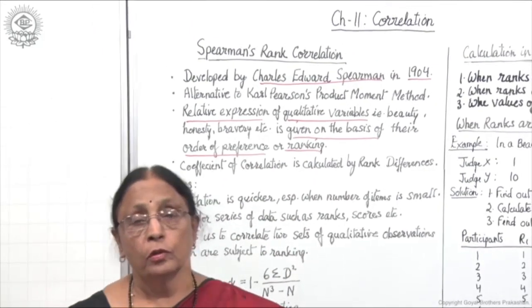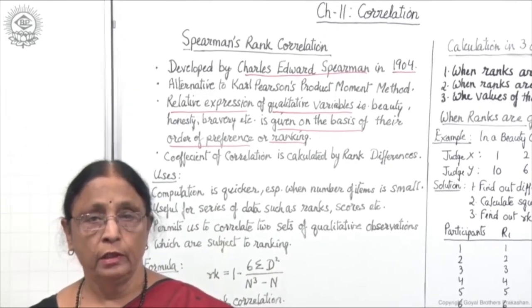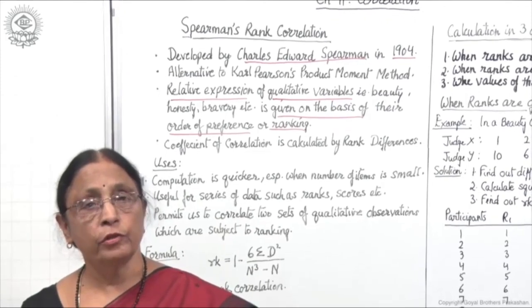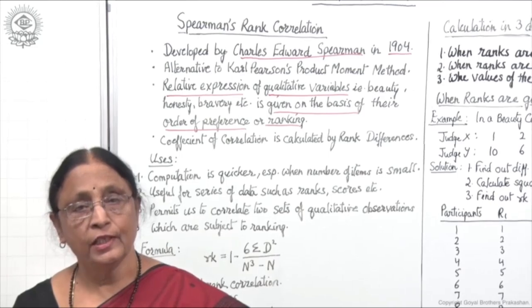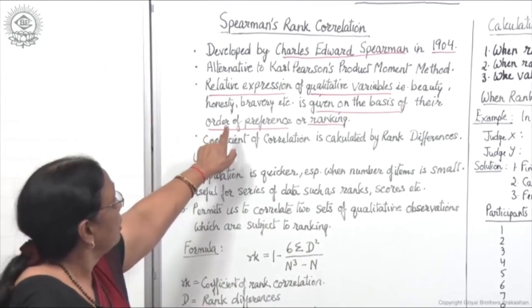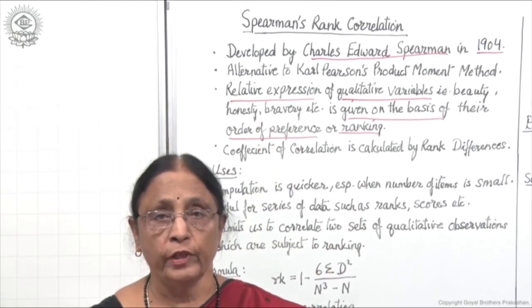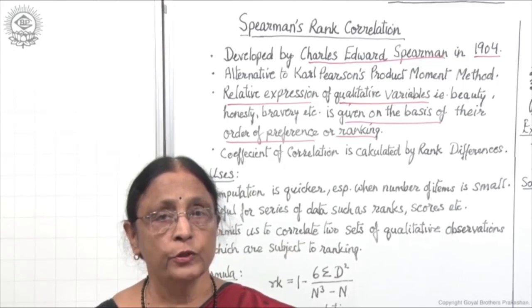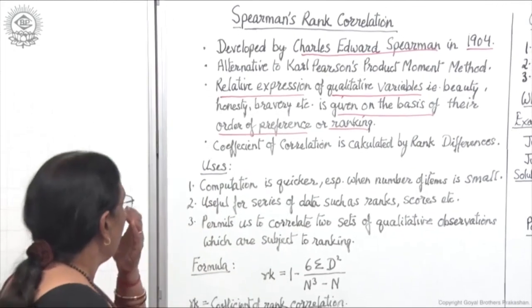So such variables which cannot be measured quantitatively are measured on the basis of ranking, right? So on the basis of ranking we give the measurement, or we find out the correlation between the two types of variables with the help of Spearman's rank correlation, right?